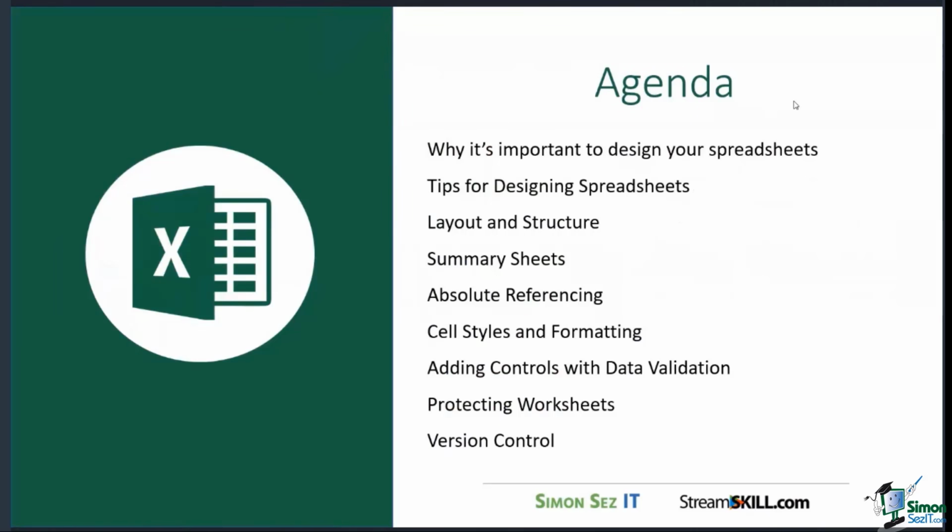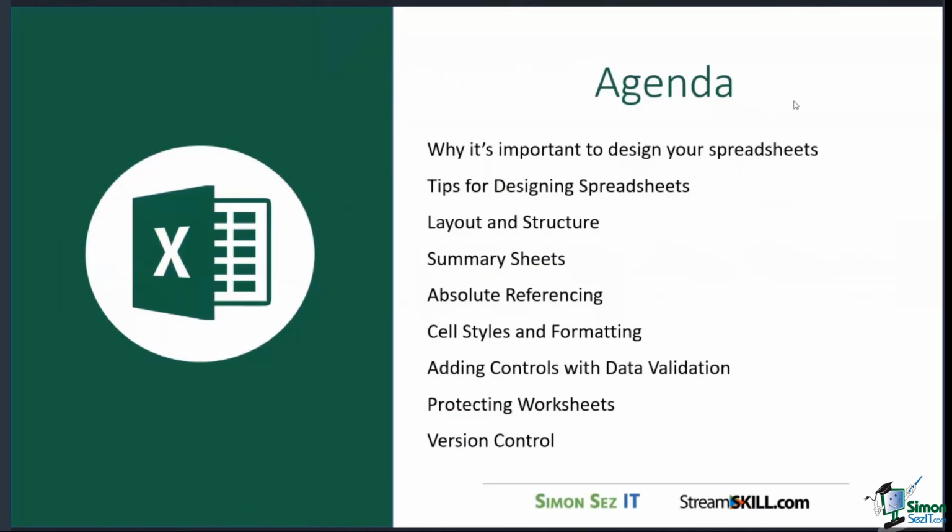I'm then just going to go through some tips that I have, some golden rules when it comes to designing or setting up spreadsheets. We're going to talk about the layout and the structure of your workbooks, and I'm going to show you how you can utilize something called summary sheets. I'm also going to do a recap on absolute referencing because that's a really important thing when it comes to cutting down on errors and the amount of things you're having to change in a spreadsheet.